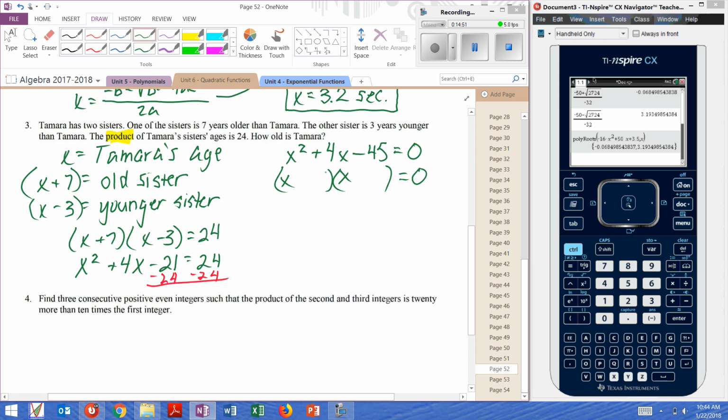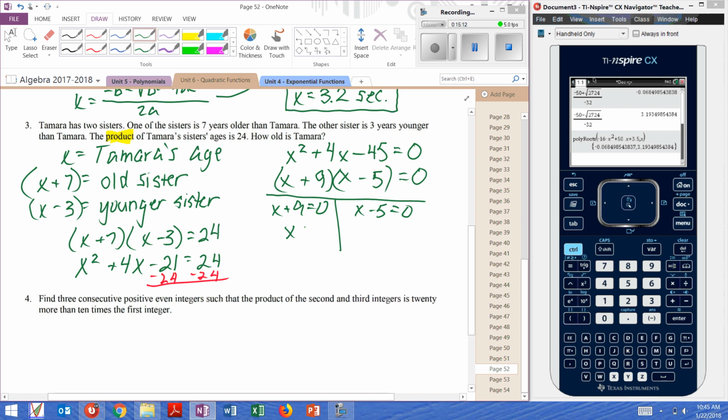Some of you are like, wait, 9 times 5 is 45, and then if we subtract them, 9 minus 5 would give me 4. So yay, there is my factored form. And you got it. x plus 9 equals 0, x minus 5 equals 0.